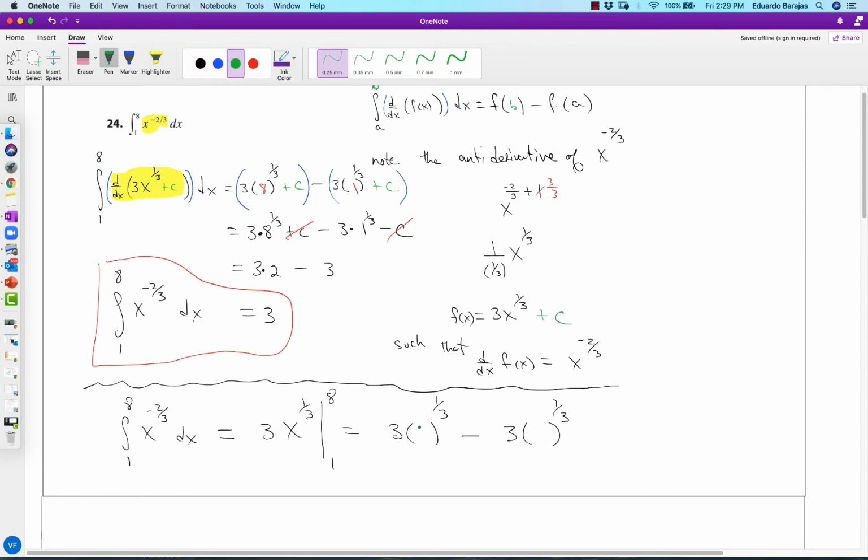So we put a 1 here, an 8 there, so it's always the top one first, minus the bottom one. And after we simplify all that, we're going to get the same answer, that this equals 3.